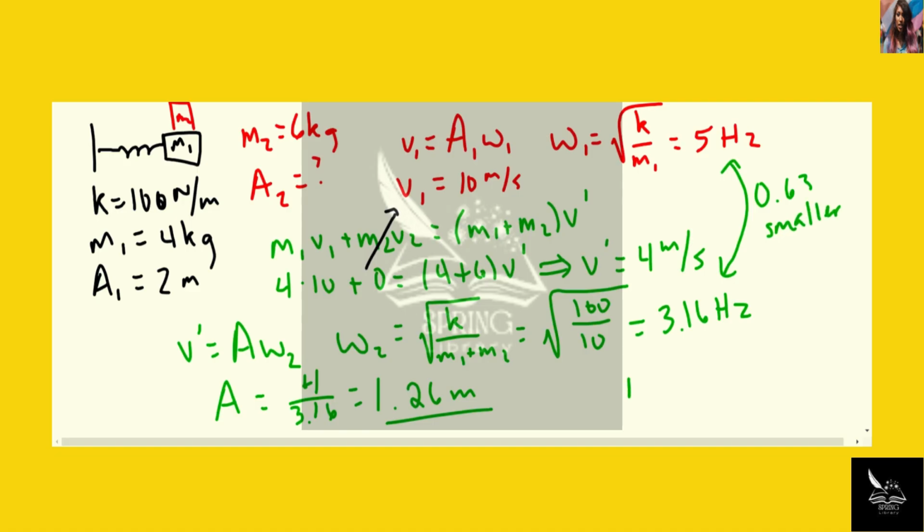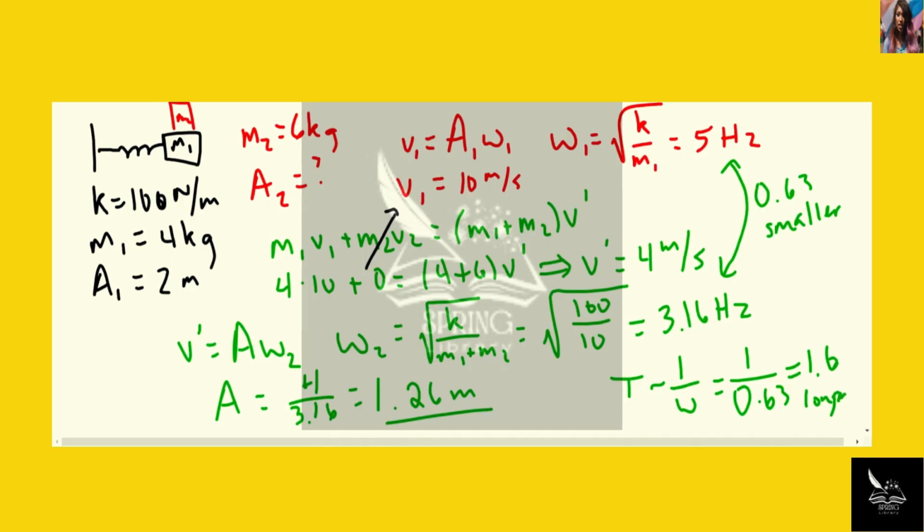But the period goes like 1 over that frequency. So we're looking at like 1 over 0.63. And you get about 1.6 times longer, right? So you have a longer period just because it has more mass.